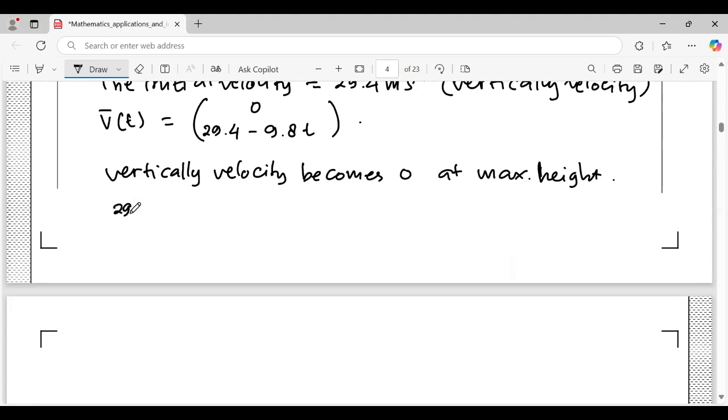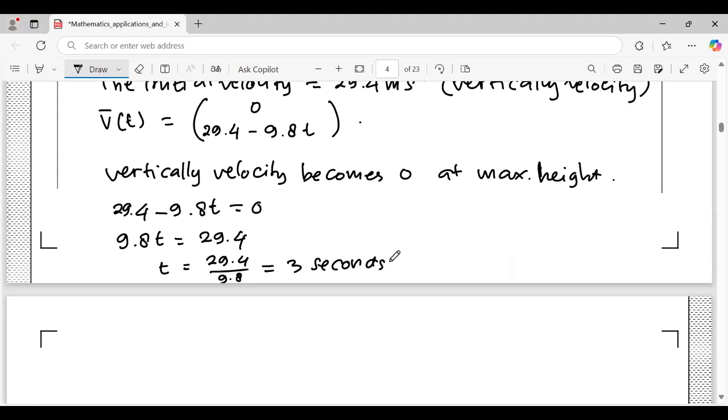It means 29.4 minus 9.8 t equals 0, so 9.8 t equals 29.4. So t equals 29.4 divided by 9.8, and it is 3 seconds. So the time for the shirt to reach its maximum height when launched vertically is 3 seconds.